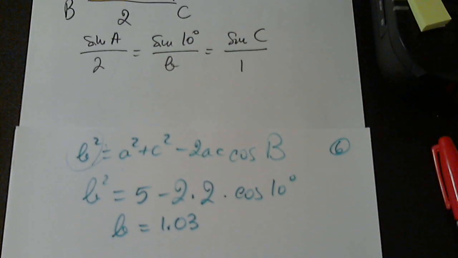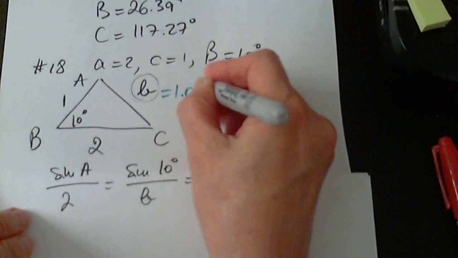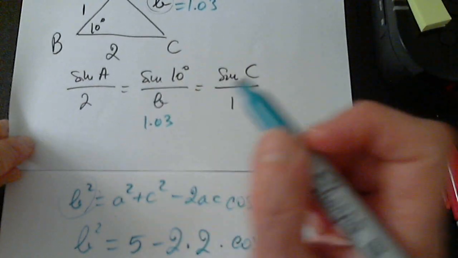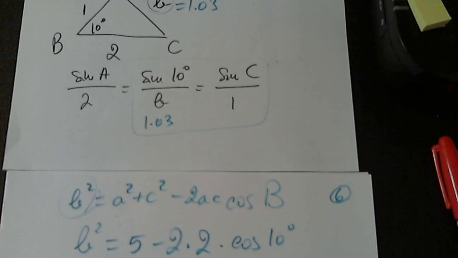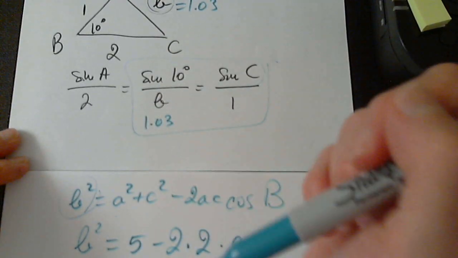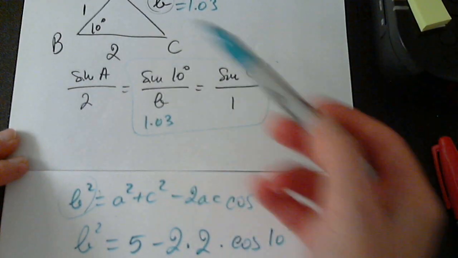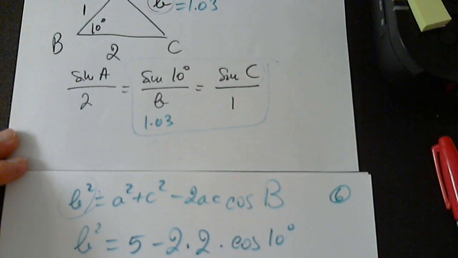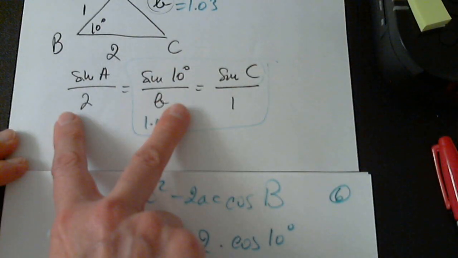So we determined that this side right here is 1.03. And now we can continue with law of sines in this way to determine C. And then I will determine A by subtracting the sum of those two angles from 180. Would you like to find C or would you like to find A?